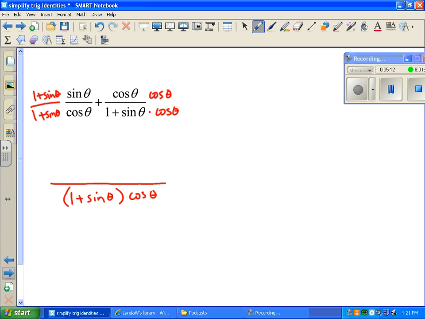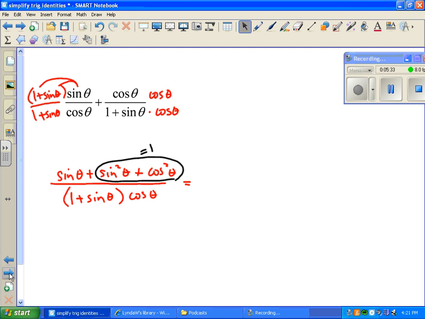And my numerator, I'm going to get the sine of theta plus the sine squared of theta plus cosine squared of theta. Okay, now if you remember what I said before, anytime you see sine squared and cosine squared added together, that equals 1.